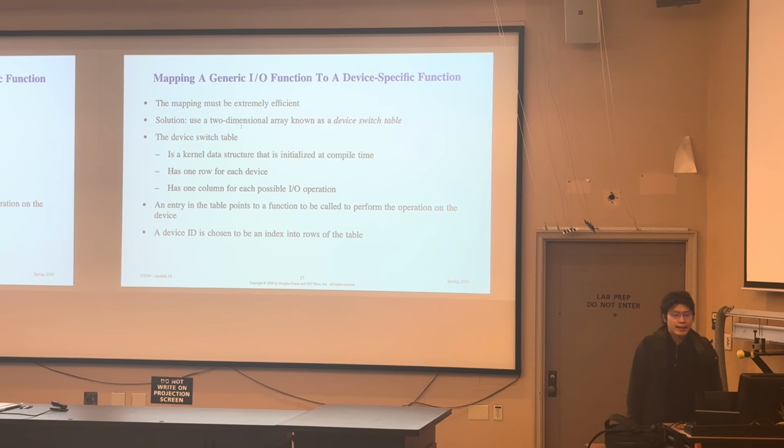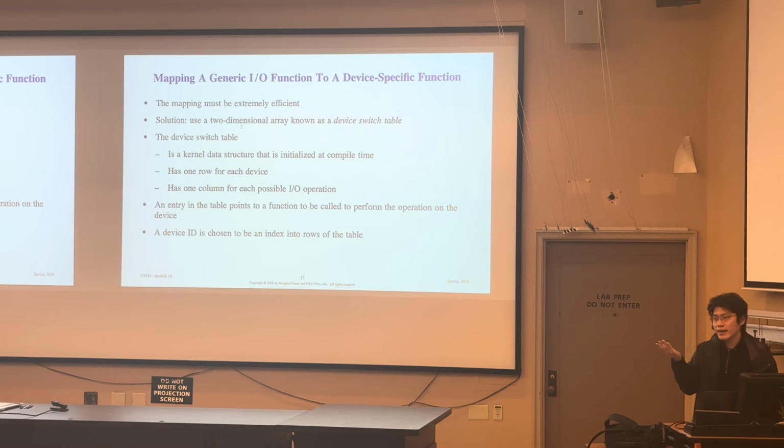Now the next step: we have these device interfaces like read or putc or getc. How do we map this generic function to a device-specific function? For this read, there will be a device-specific read implementation of this generic read interface.